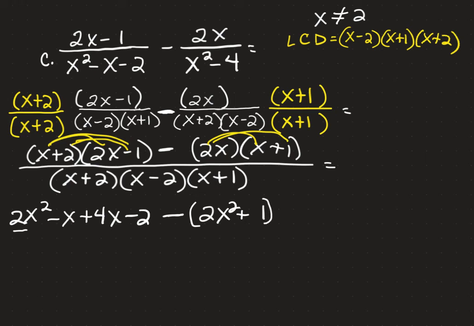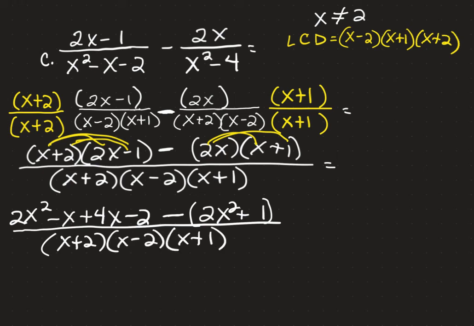Now, why did I leave that pair of parentheses? Because that negative has to be distributed to everything in what was formerly a separate numerator. So I'm still going to be using distribution. I'm going to distribute the negative, which can be thought of as a negative 1.